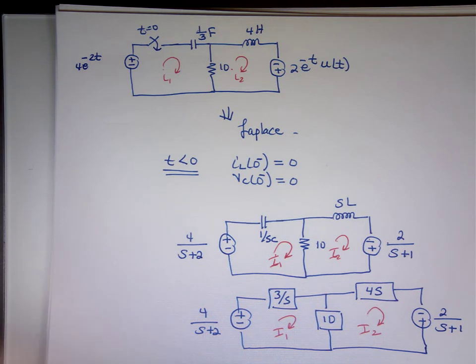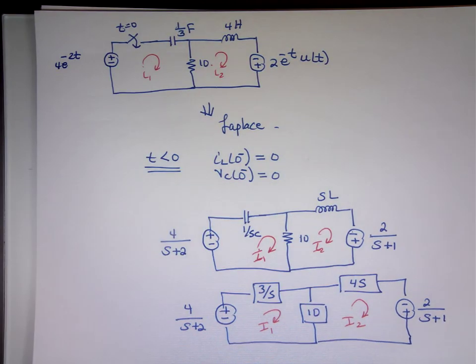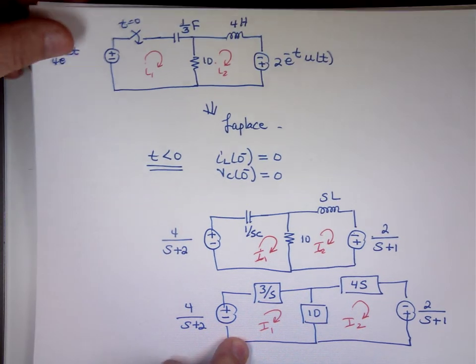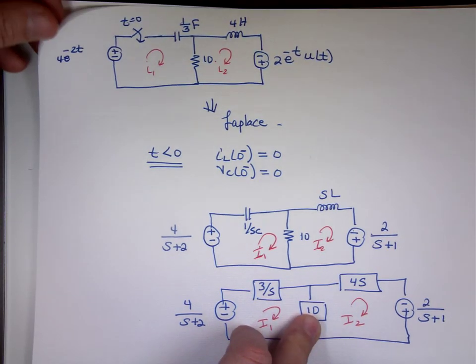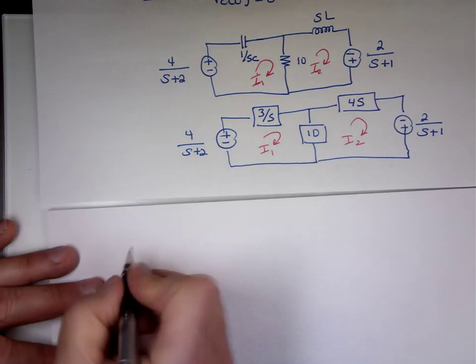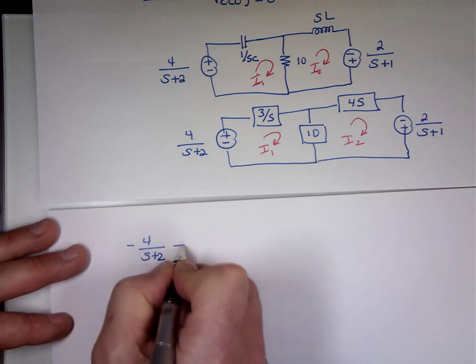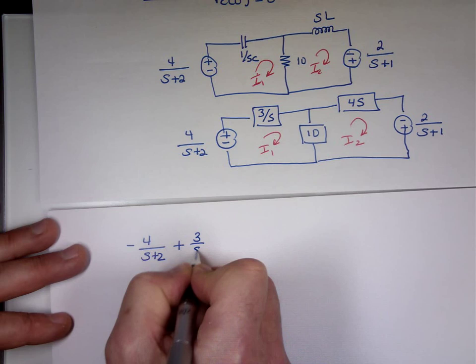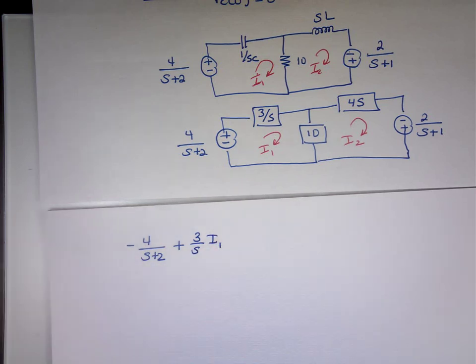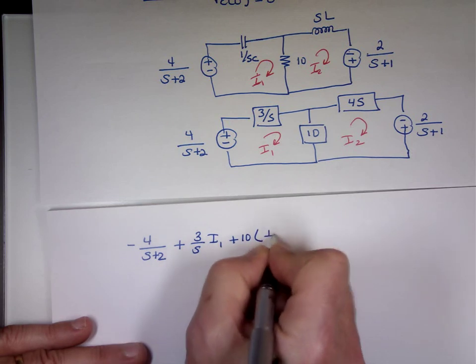Remember the process we said. We're going to take the circuit from time domain, change it to Laplace. We're going to solve it in Laplace, then change it back to time domain. Let's solve it in Laplace. We can do KVL here, 2 equations by 2 unknowns. Here's the first equation: minus 4 over S plus 2, plus 3 over S times I sub 1 as a function of S, plus 10 times the current coming down, I sub 1 minus I sub 2.